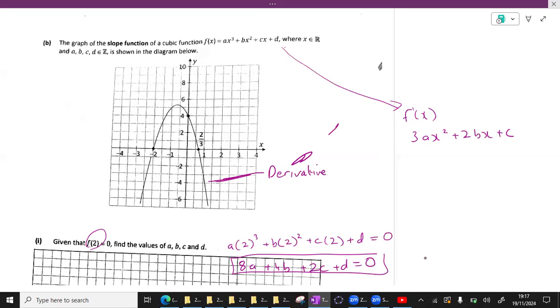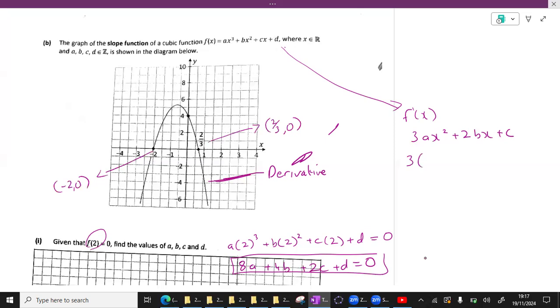And by looking at the picture, I know, for example, the slope function has a point at 2/3, 0, and I know that it also has a point at -2, 0. So I'm going to fill these into my slope, into my derivative.